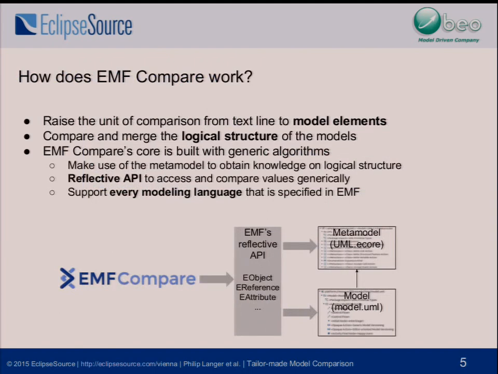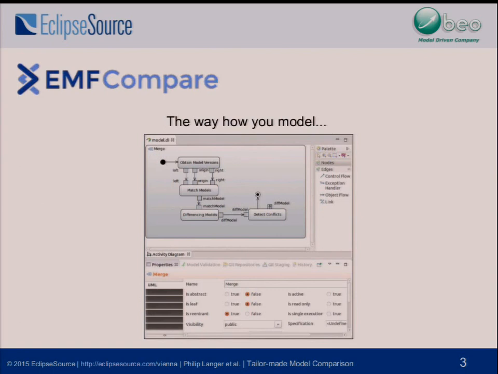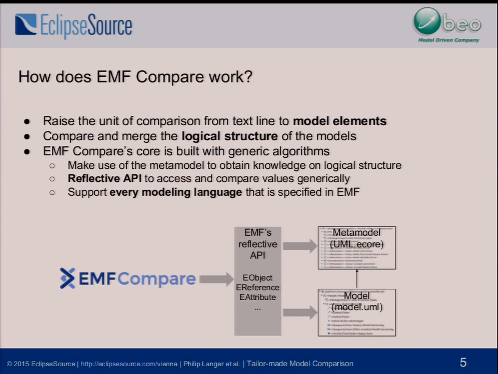So how does EMF Compare overall work? I will try to make this really quick and then come to demos very soon. So EMF Compare is in general a generic framework. Instead of focusing, for instance, as in this example, on actions and pins and object flows between those pins, EMF Compare considers this model just as an object tree in terms of an EObject tree, and investigates the model generically without binding all the algorithms that are employed in EMF Compare to specific types.